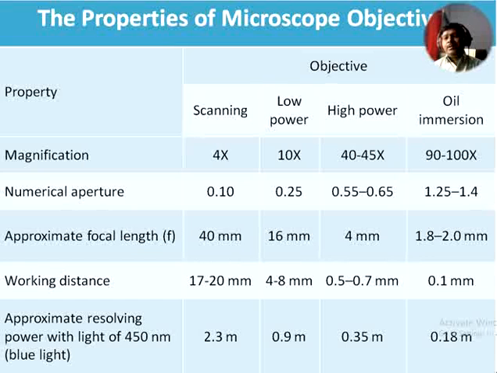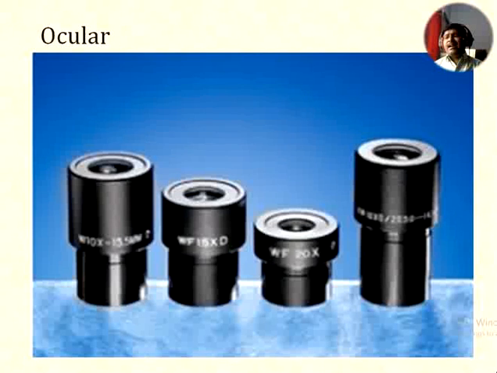So next, these are the oculars. Oculars are also called the eyepiece. The name ocular lens or eyepiece is given because it is nearer to the eye, through which we can observe the specimen.